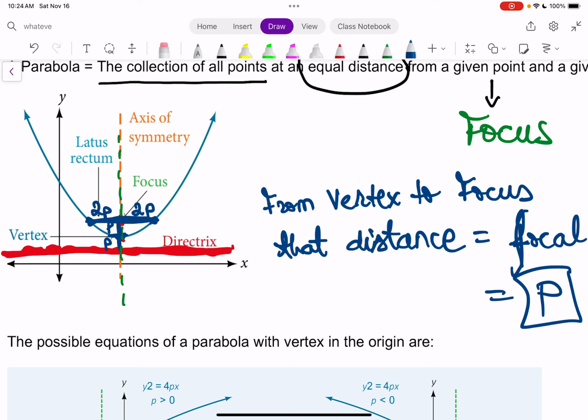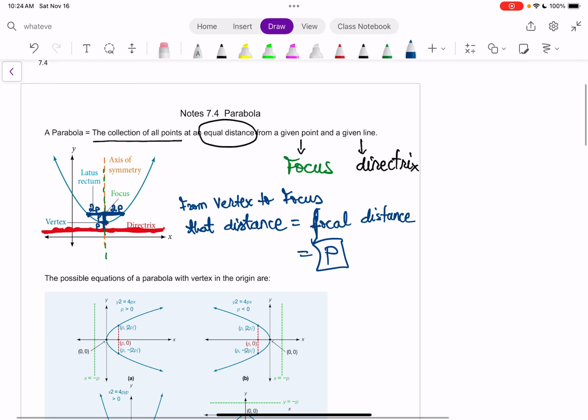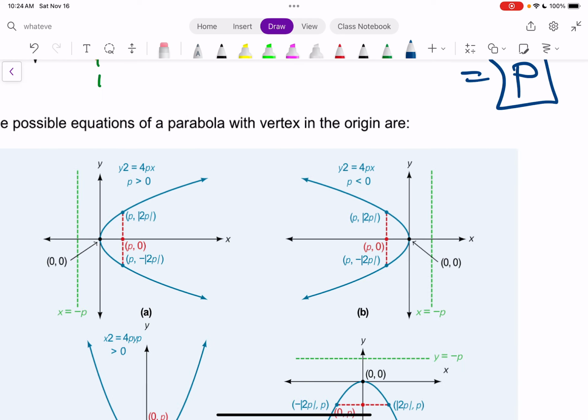So if it's a p from the vertex to the focus, this line that goes through the focus and crosses the two sides of the parabola is actually 4p long, and it's called the latus rectum. So the latus rectum, one more time, is this simple line that goes through the focus, and it touches the parabola. Okay, that's what the latus rectum is.